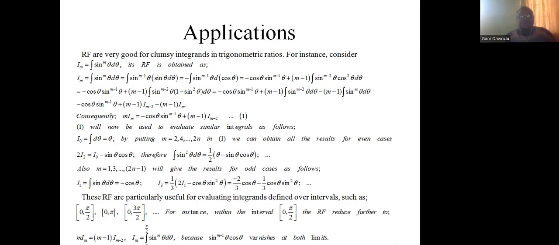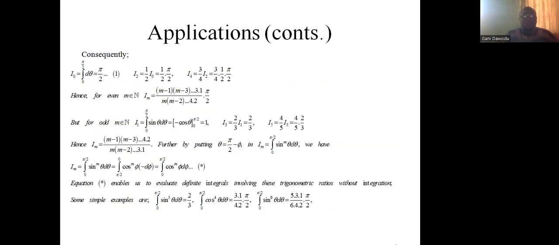Okay, so let's see further examples for that series. If m is 0 and it is supposed to be evaluated in this interval, this is what results. If m is equal to 2, this is what results. M equals 4.